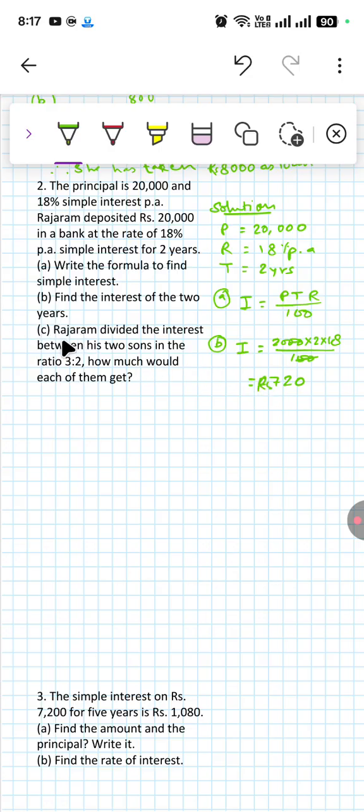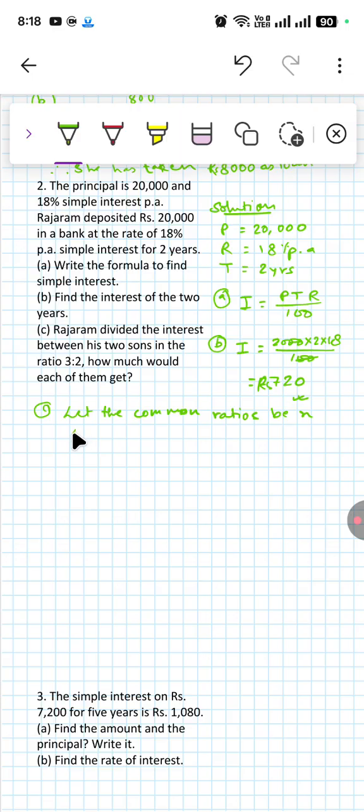Now Rajaram divided the interest between his two sons in the ratio 3 is to 2. Now this is the interest amount and it is being divided among Rajaram's two sons, in the ratio 3 is to 2. So let the common ratio be x.